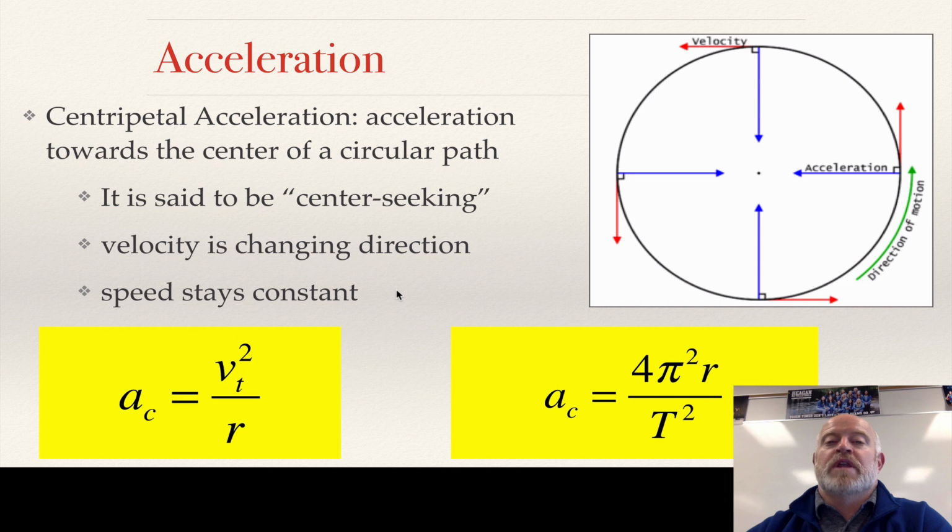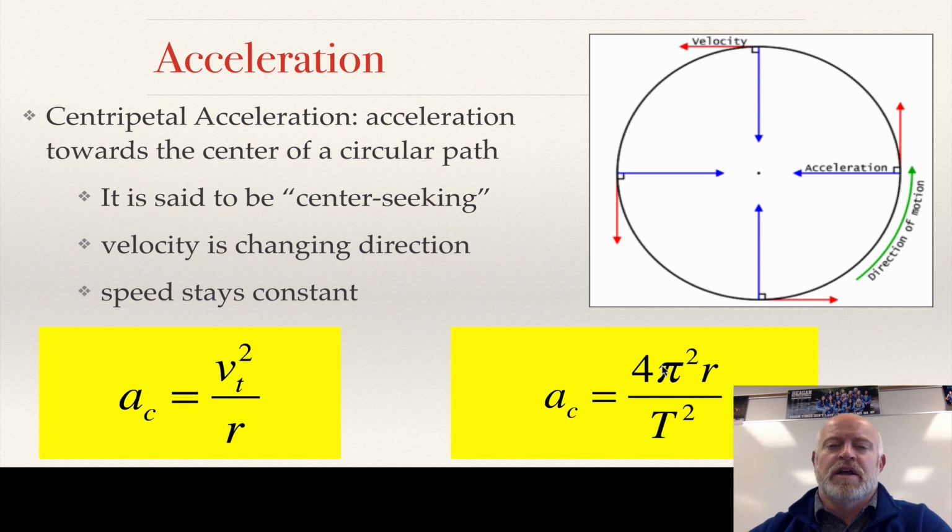All right. Now we get two equations that come from this idea of centripetal acceleration. The first is the tangential velocity squared divided by the radius. Okay. The second is 4 times pi squared times r divided by the period squared. And you might think, well, wait a minute here. Why are we getting all these extra things inside of here?